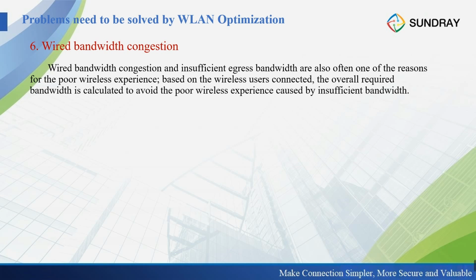Also sometimes the internet speed becomes slow and web pages are hard to visit. This also can be because the bandwidth is not enough. So when we do WLAN optimization, sometimes we need to consider other devices that work with our products.